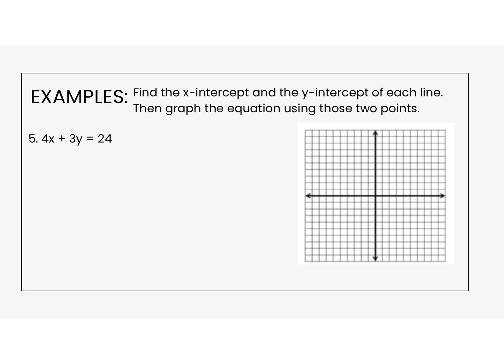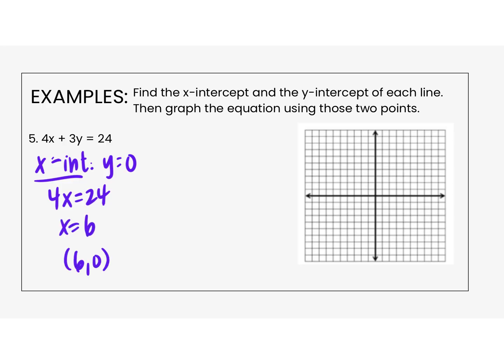One more example just for good measure, but hopefully you're getting the hang of it by now. X-intercept, which means y equals 0. 4x equals 24, so x equals 6. That gives me the point 6, comma 0. I'm going to graph that.